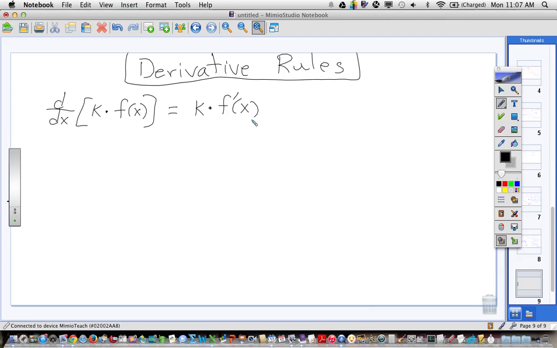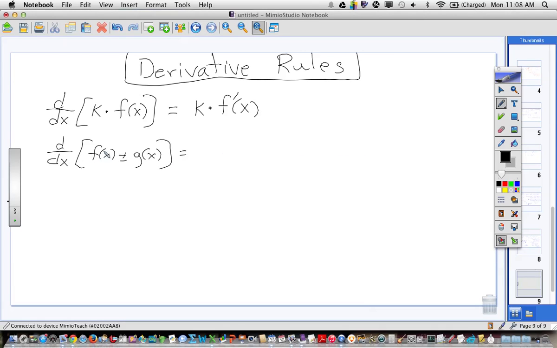Okay. All right. Another rule we have is that if I have a function plus another function, or minus. So if I have x cubed plus x squared, how do I do that derivative? Do each one separate.